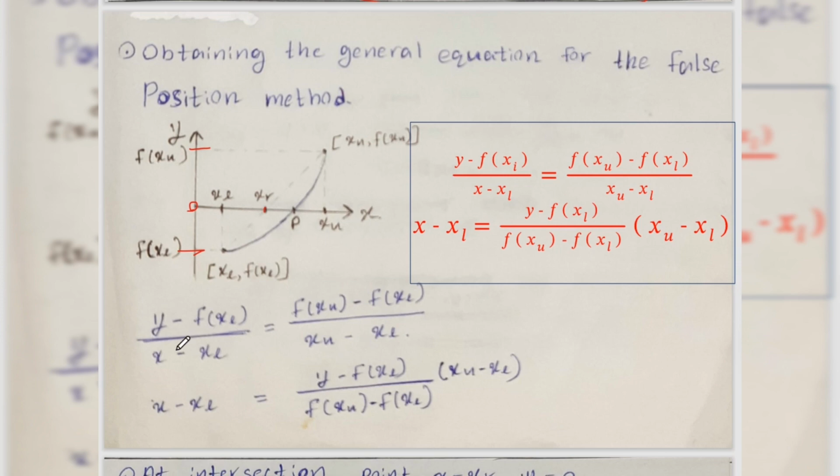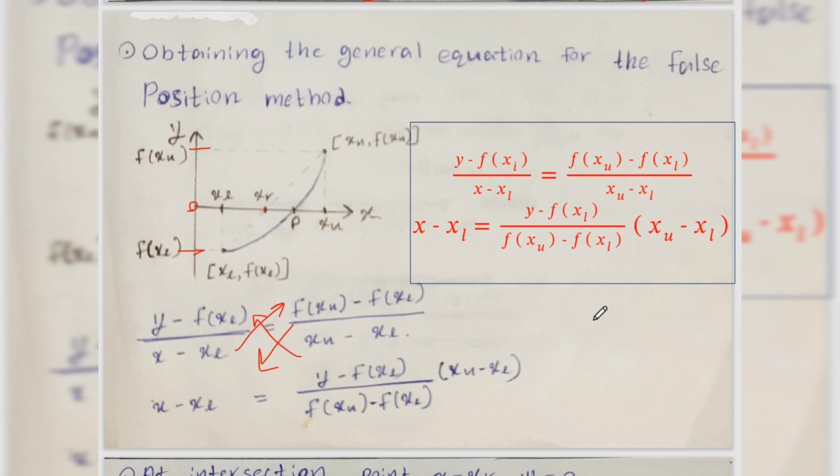So I have taken x minus xl to this side, f(xu) minus f(xl) to this side, and xu minus xl to this side. So we have x minus xl is equal to (y minus f(xl)) over (f(xu) minus f(xl)) times (xu minus xl).